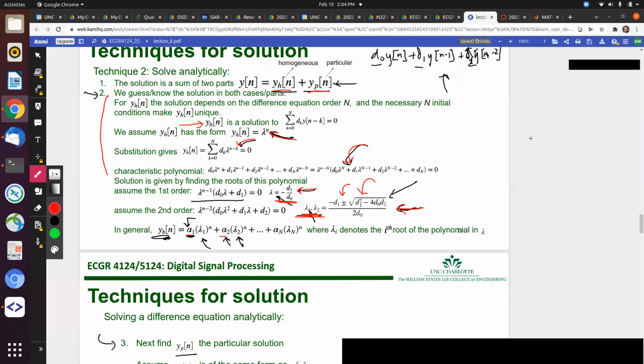So whenever you get a lambda that's complex valued, they come out in conjugate pairs, right? One is going to be plus whatever that number is times J, and the other one's going to be minus whatever that number is times J. And that means that you'll have symmetric pairs in the complex plane, about the real axis, because they're reflecting about the real axis.